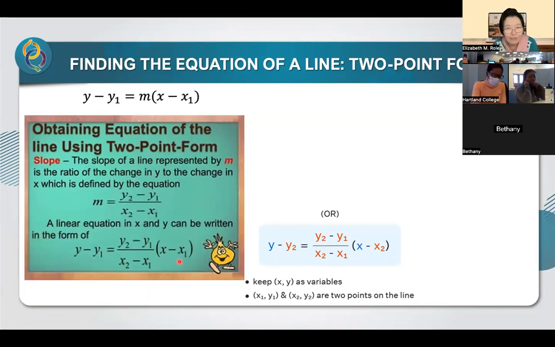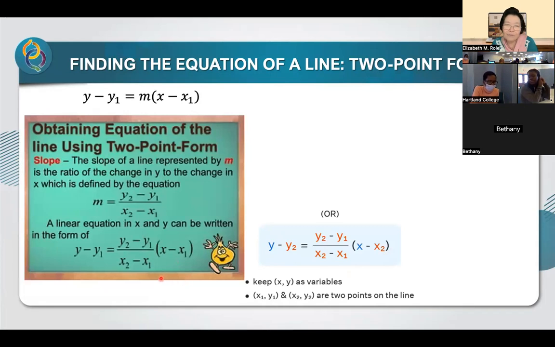Or you can also use y sub 2 and x sub 2. If you want to use y sub 2 here instead of y sub 1, just be consistent with your putting in of the x sub 2 in here.